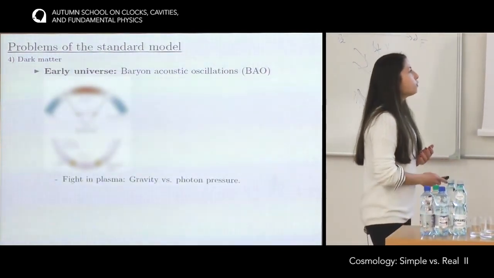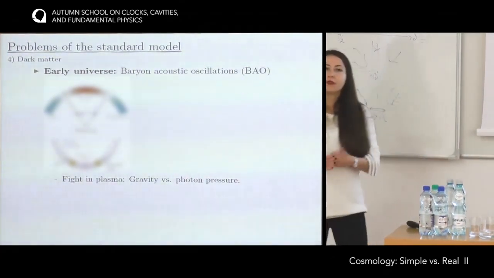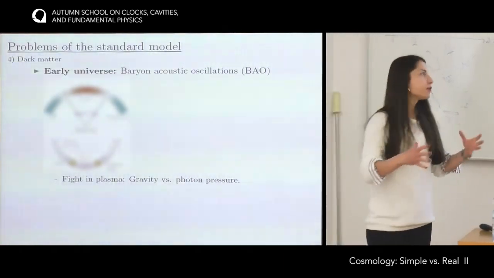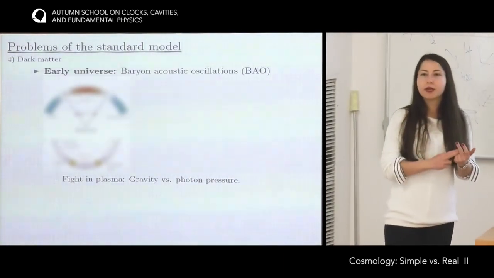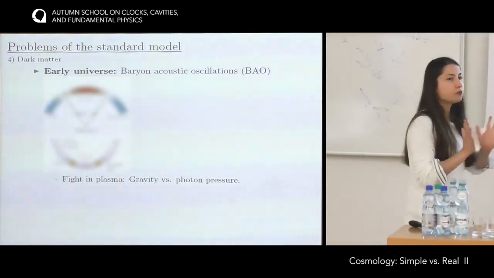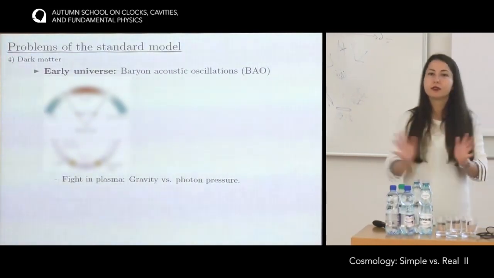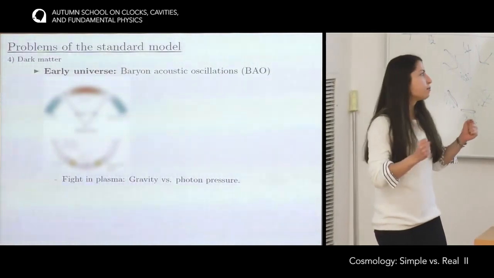Now, there are two forces fighting in the early plasma: gravity and the photon pressure. So gravity, which is the gravity of the baryons and dark matter, will try to pull everything down, right? And the photon pressure will fight back against gravity's pull. So they will start oscillating in a manner.